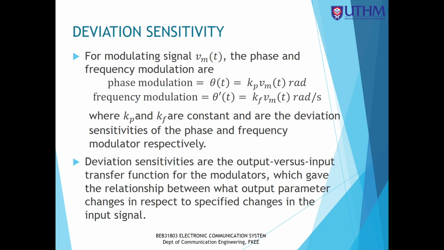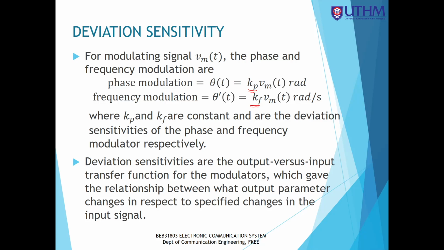And here is another parameter, what we call the deviation sensitivity, which is Kp and Kf. Kp and Kf are constant parameters, the deviation sensitivity parameters for the phase and frequency respectively. Kp is the phase deviation sensitivity parameter, Kf is the frequency deviation sensitivity parameter.